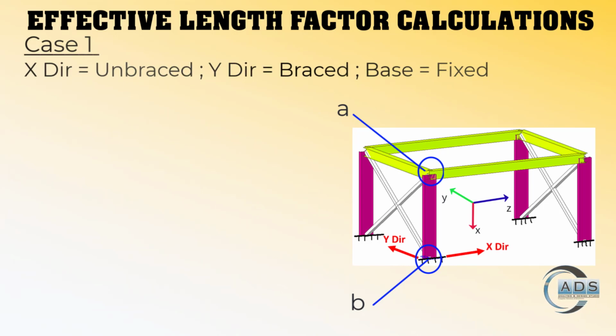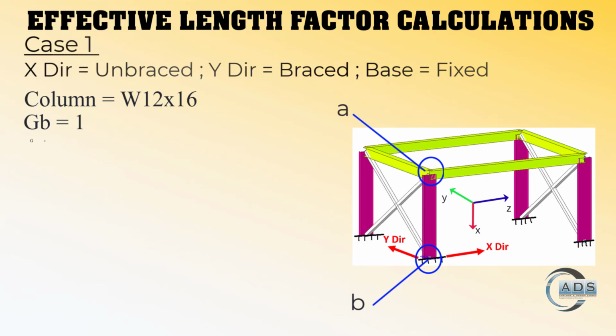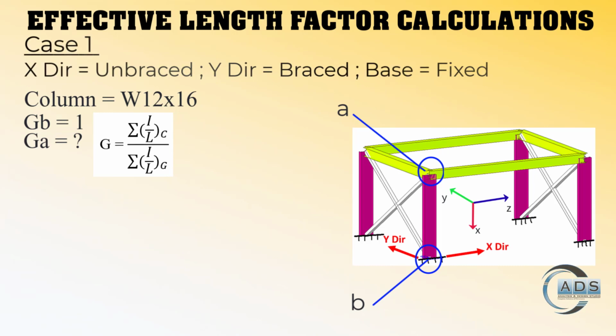In this regard, we have to consider the frame lies in the global YZ plane, in which column undergoes bending about its minor axis, meaning Z local axis. Since column base is fixed, GB is 1 here as well. For GA, we use the same equation, in which IC is the moment of inertia of the column about its minor axis now, and its value is this.